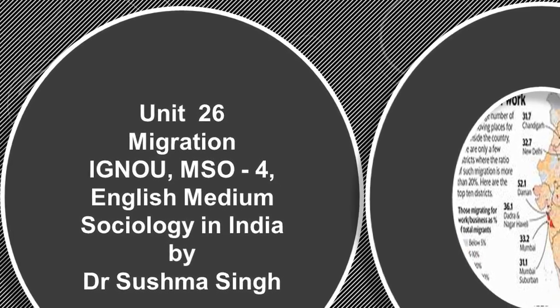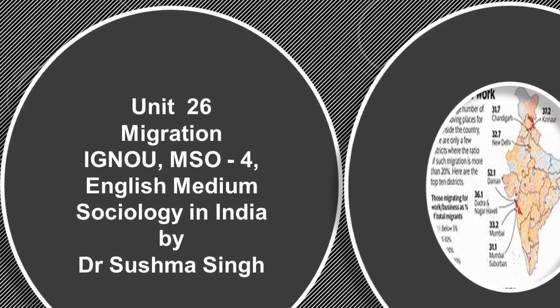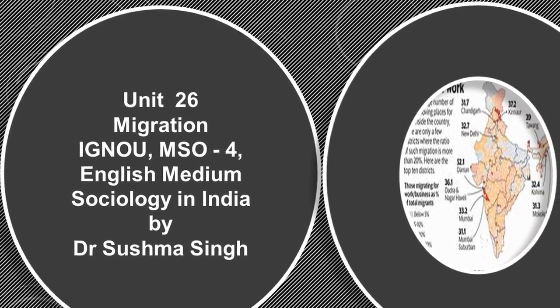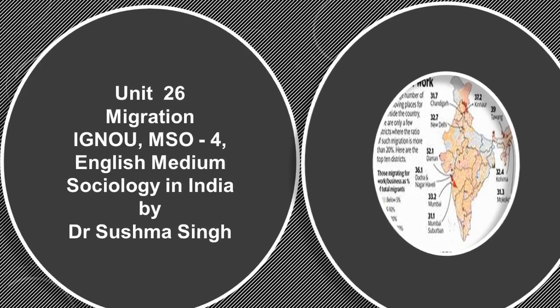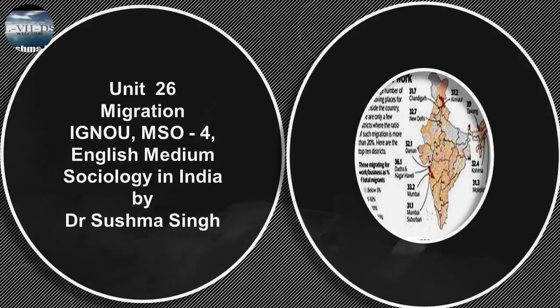Today in Unit 26 Migration, let us start our lecture with the topic Factors of Migration. There is a set of factors which cause migration. These factors are primarily economic, such as high income, better employment opportunities, jobs in the informal sector, and the hope for a better quality of life.